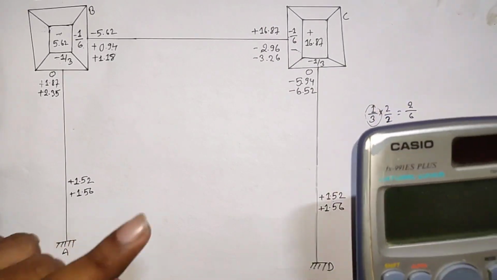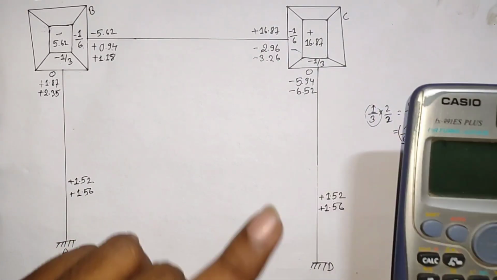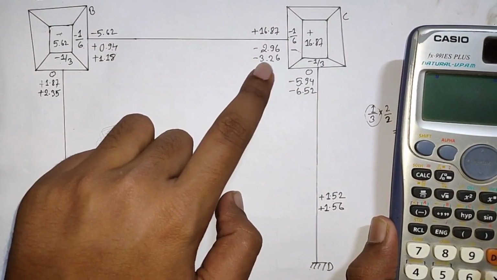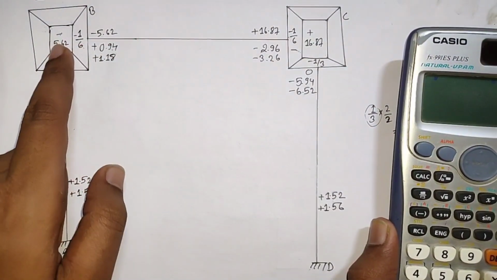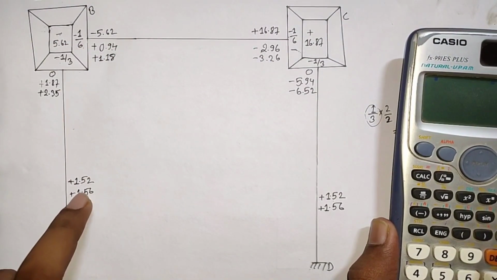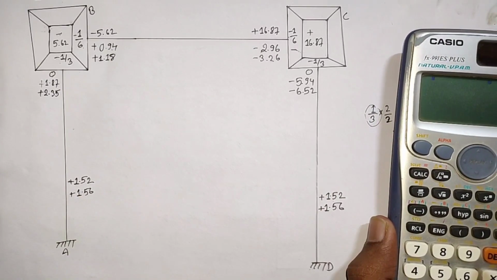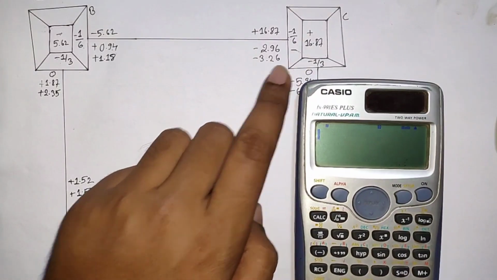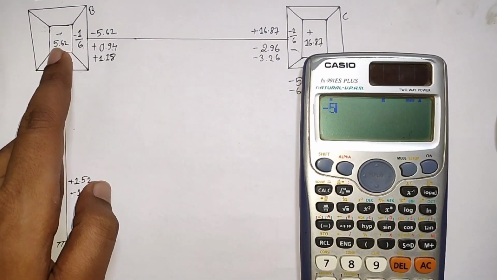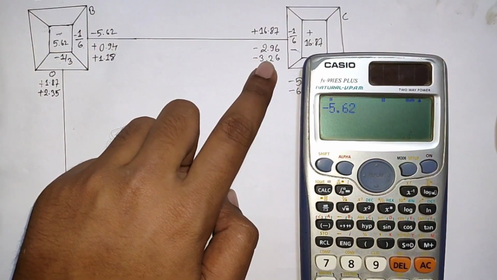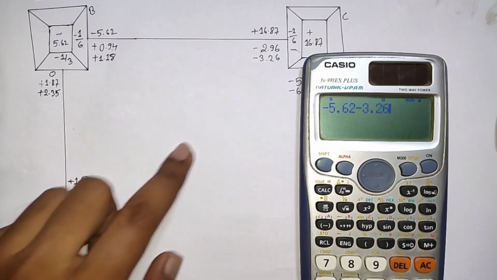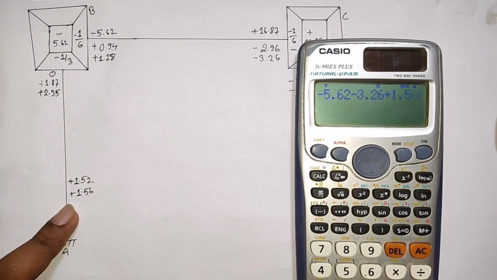Now time to move to the third cycle, and in the third cycle again we have to add this value, and this value, and the second displacement value also, but this time 1.56 for the third cycle. So I write it down here, minus 5.62 minus 3.26 plus 1.56.